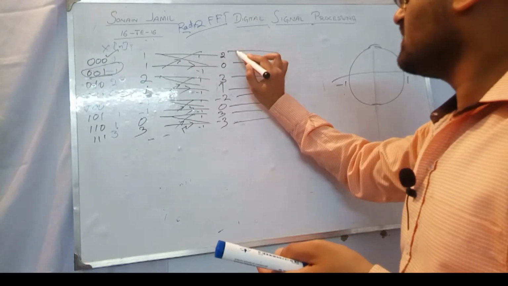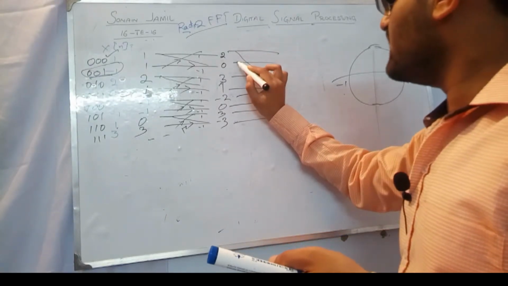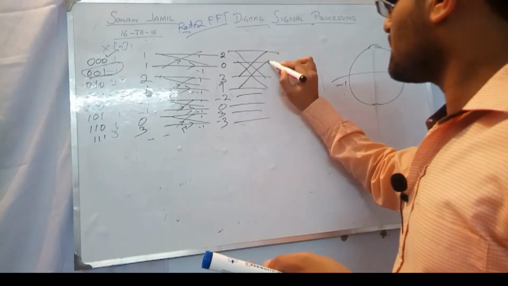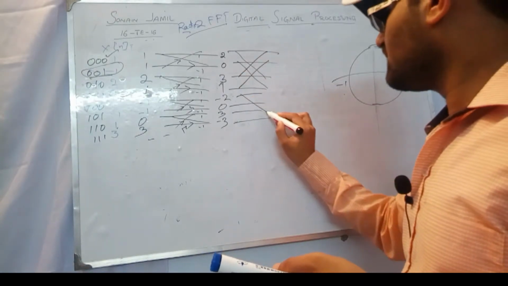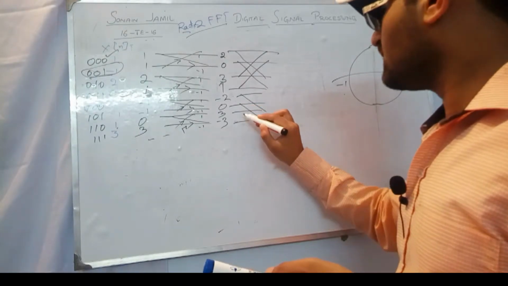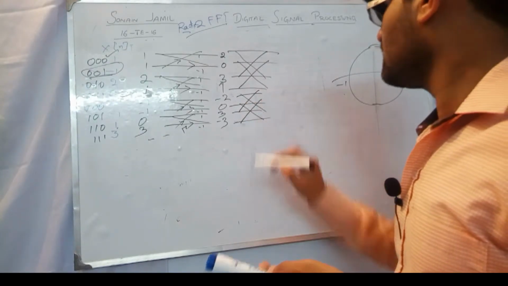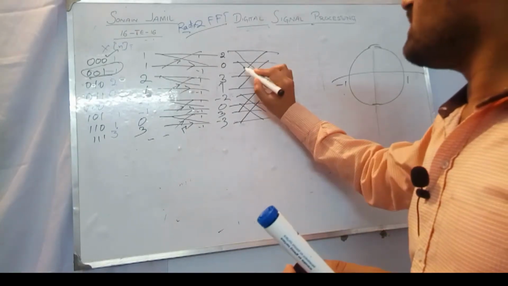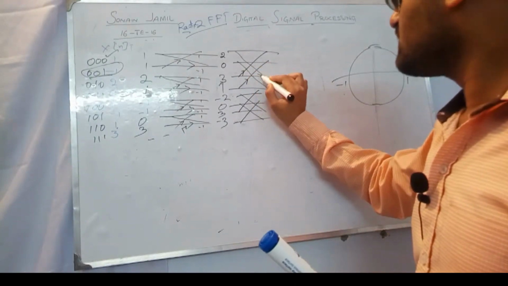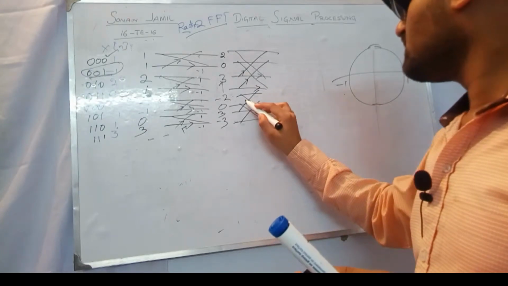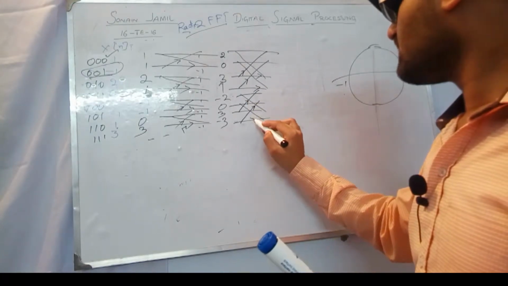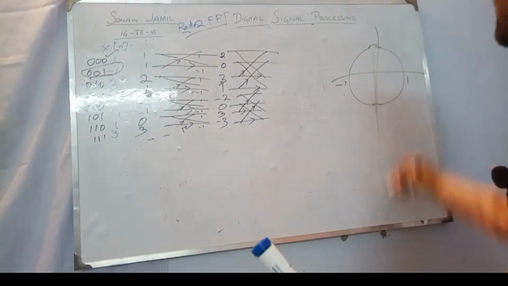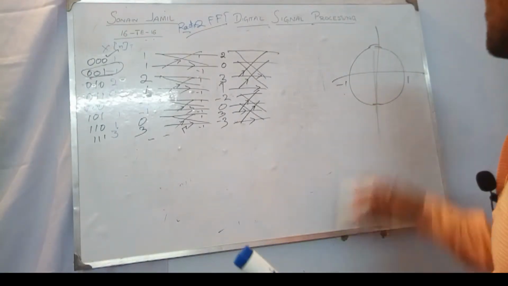Is just make this one. If you are applying 4-point DFT, what you will have to do is just divide this circle into 4 parts.